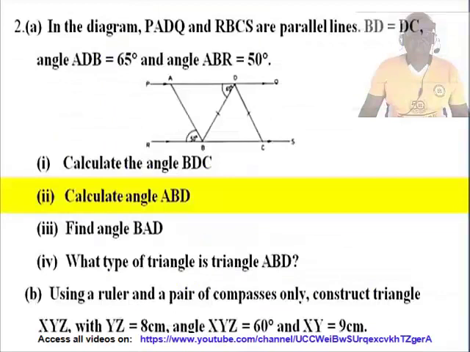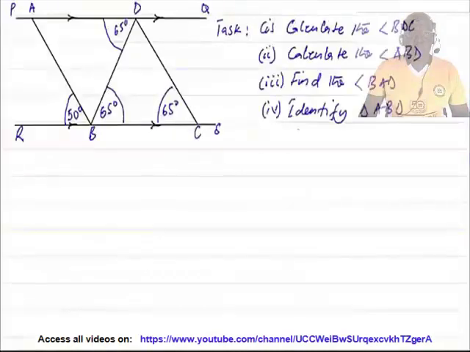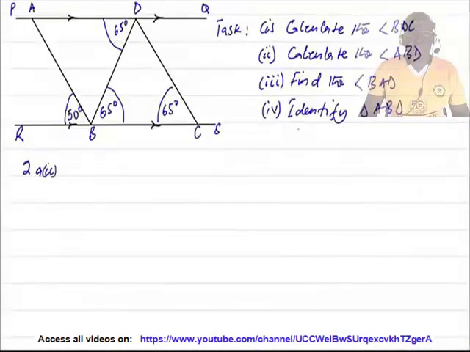2A sub-question II. Calculate angle ABD. I will pause for the solution to 2A sub-question II. We are to calculate the angle ABD. That is the angle over here. But we know that the sum of angles on a straight line should add up to 180 degrees.